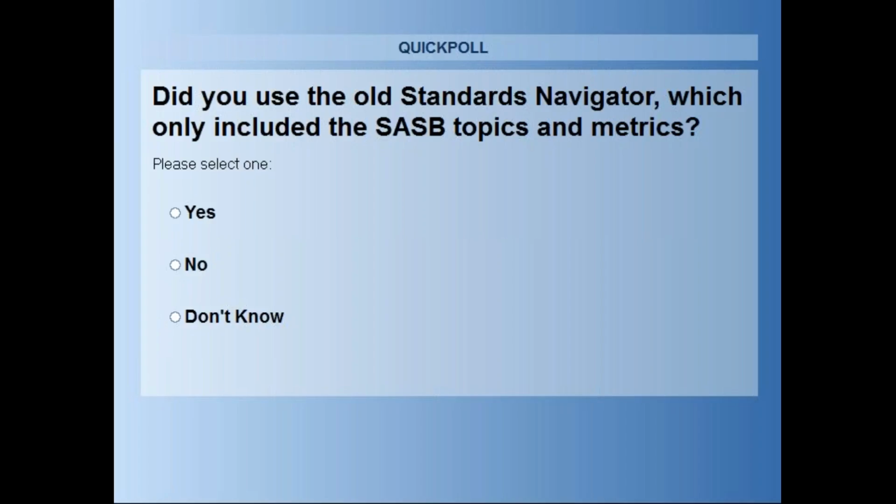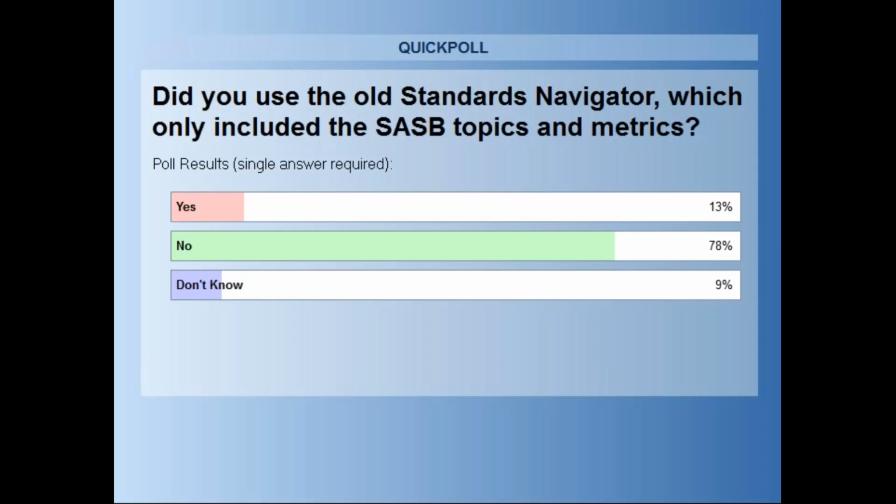Okay, we have a lot of you who have voted, so I'm about to close it down, and we'll take a look. So the vast majority have not used the old SASB Navigator or the old Standards Navigator. That's great, so we'll be able to show you something new and make sure that we're not covering too much territory that you already know.